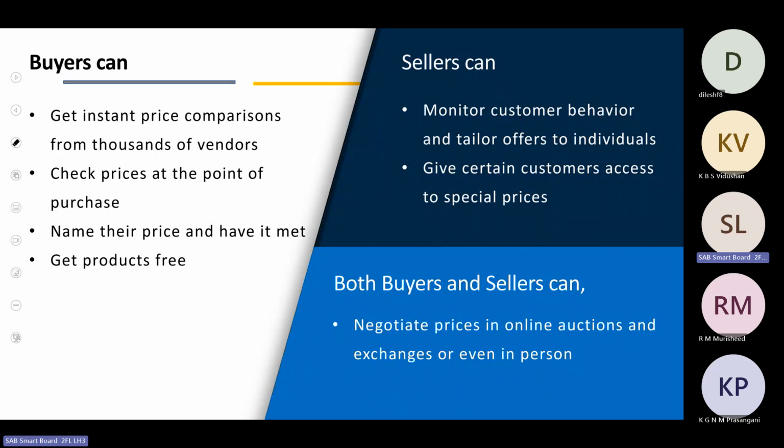The buyers can get instant price comparisons from thousands of vendors like eBay or Alibaba or, what is the one, Temu. Anyone who has ordered from Temu? Seems like she has ordered. Have you? Is it yet to be received? Excellent. I haven't ordered.